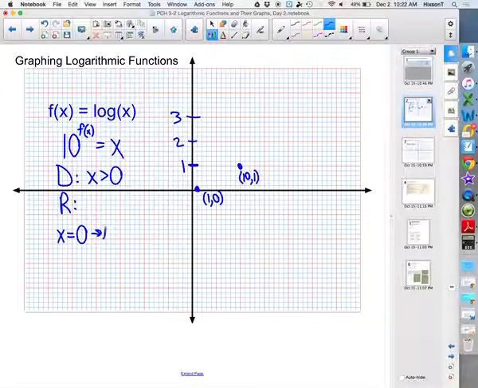Alright, that's significant, guys, because now we can sketch this side of our graph. We'll get the other side in a sec. But notice we're going to approach the y-axis but never cross it.